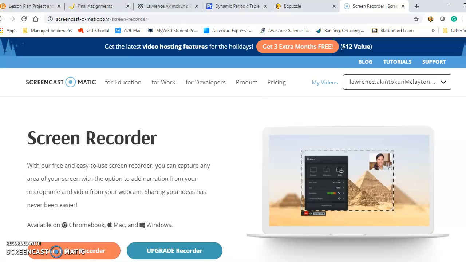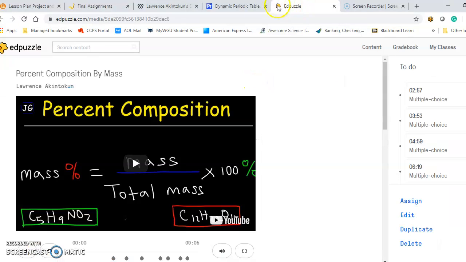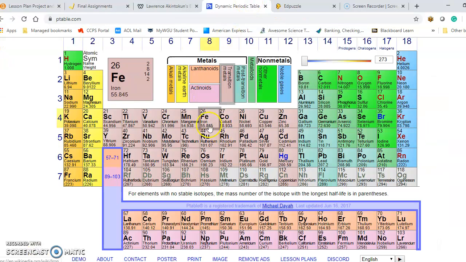We're going to use the periodic table to look for the atomic mass of the elements, which we are going to use to calculate the mass of the substance, the molar mass, and the atomic mass.